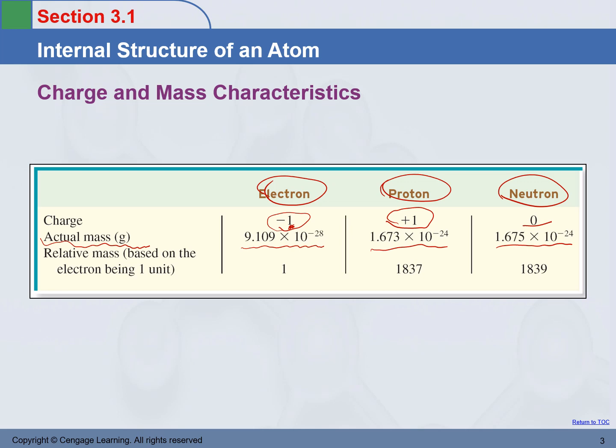If the mass of an electron is 1, then the mass of a proton or a neutron is about 2,000 times as heavy as an electron. Between these 2, the difference is very small, about the same, with the neutron a tiny bit higher in mass than a proton.